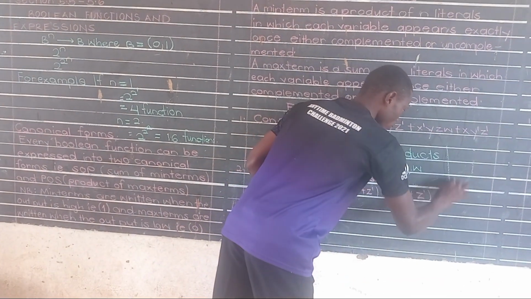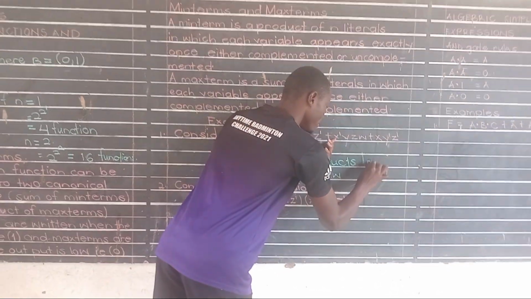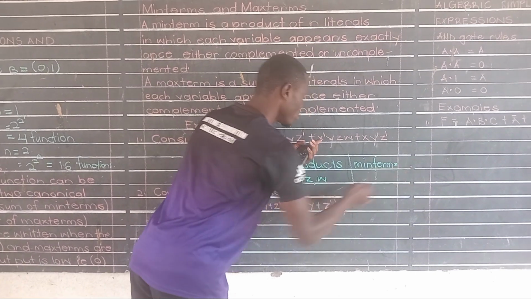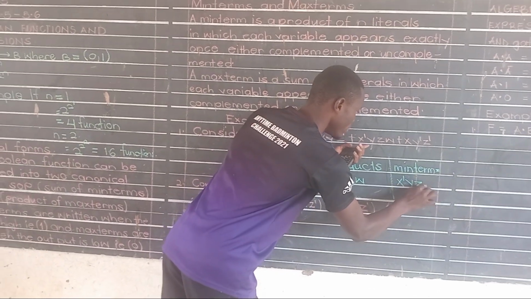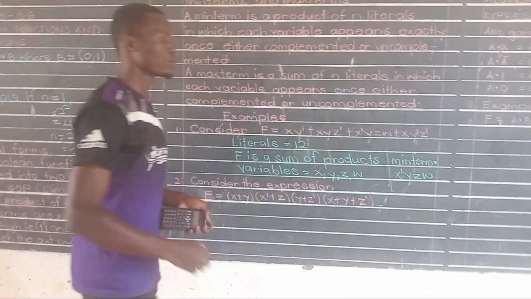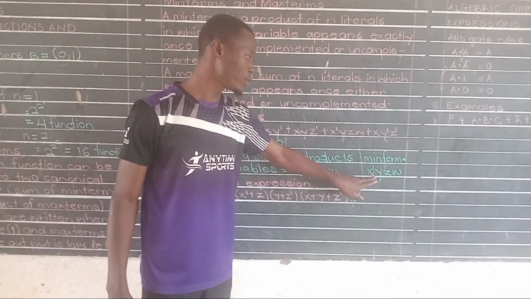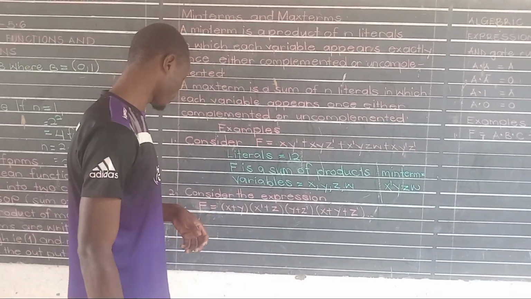So my min term equals not x, y, z, w. I'm taking this as a min term because it has all the variables included, either complemented or uncomplemented.